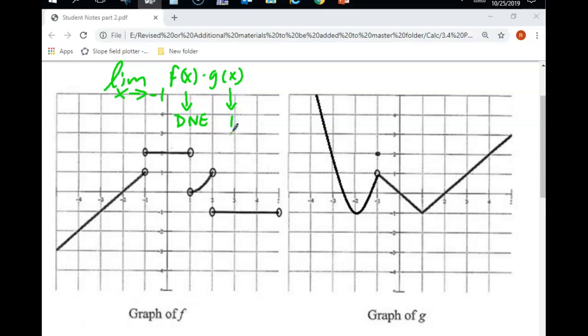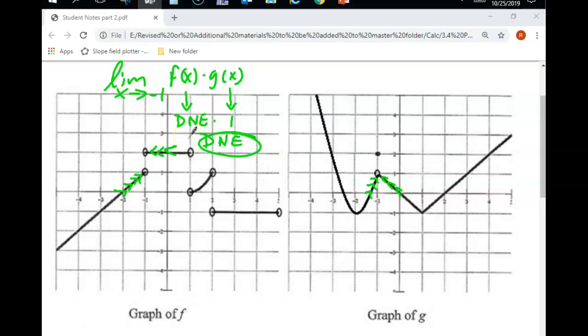So the limit for f of x doesn't exist. As I approach -1 from the right and left, they do not meet at a common point, so that limit does not exist. For g, as I approach 1 from the left and right, they do meet at a common point, and that common point is a y value of 1. But you can't multiply something that doesn't exist by something that does. Therefore, we would just say the final answer is does not exist.